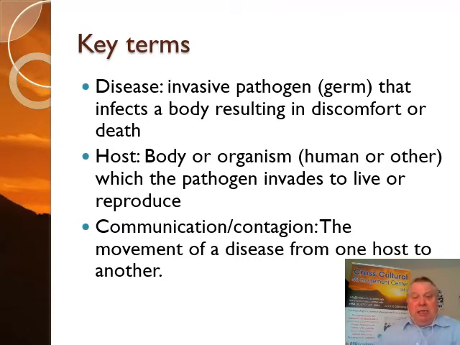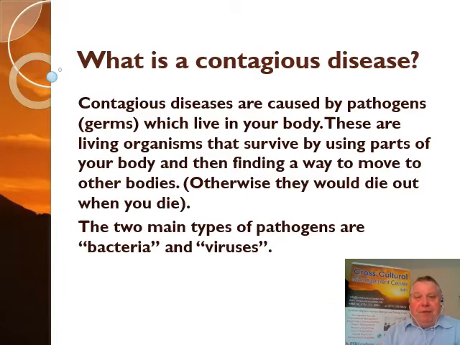And the host in this case is the body or the organism, human or any other, which the germ or pathogen invades. And communication or contagion, this is the process by which the disease or these germs move from one host to another host. Now, other types of diseases we'll talk about later on are not communicable, and we'll just discuss those in passing.